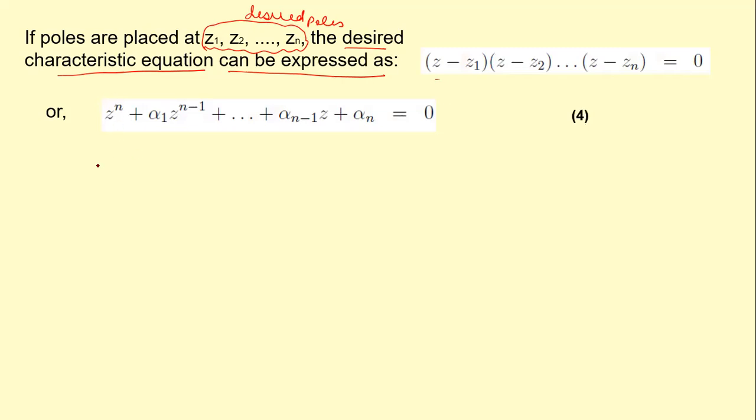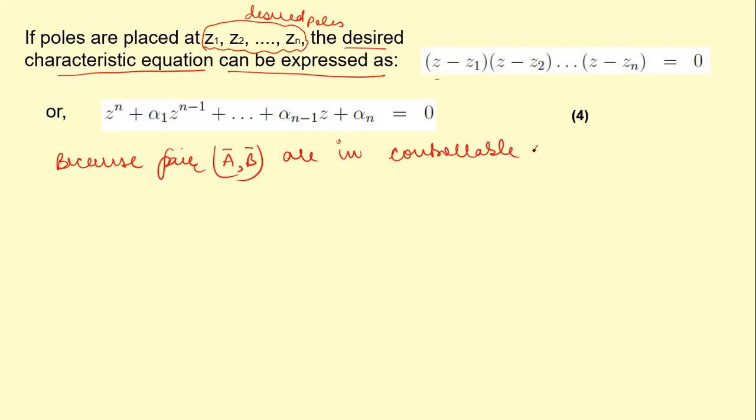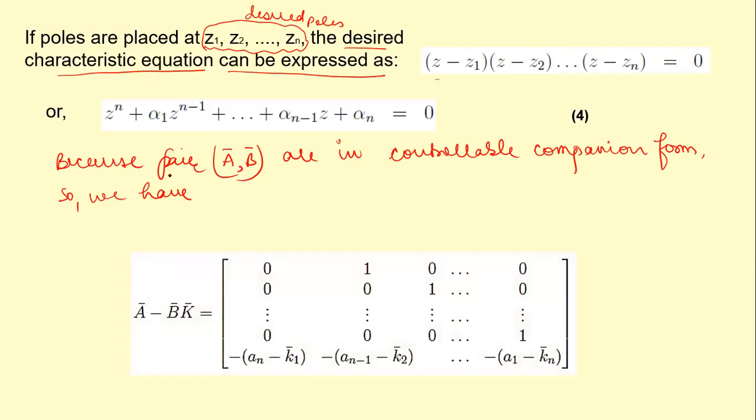Now because your pair A bar and B bar, these two matrices, they are in controllable companion form, we have this matrix here, right?